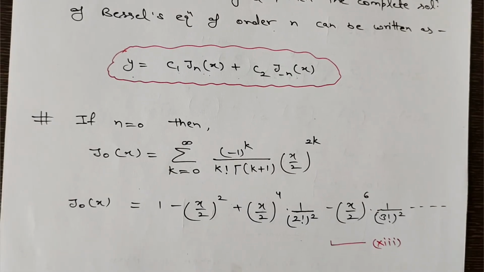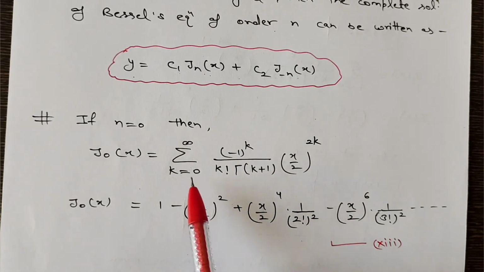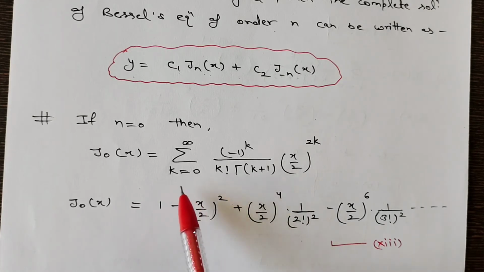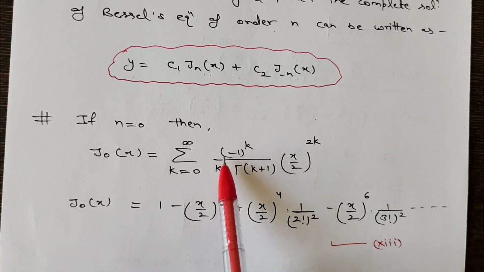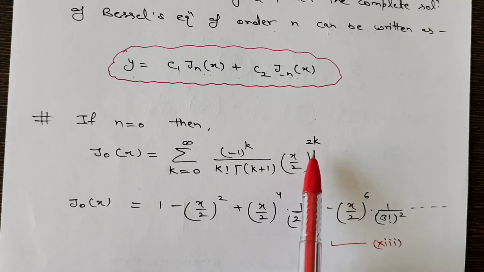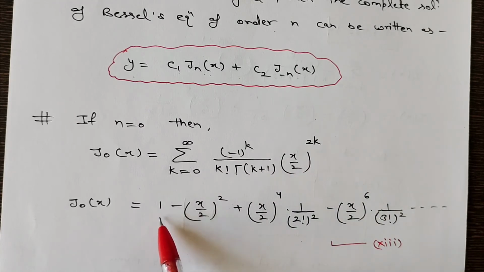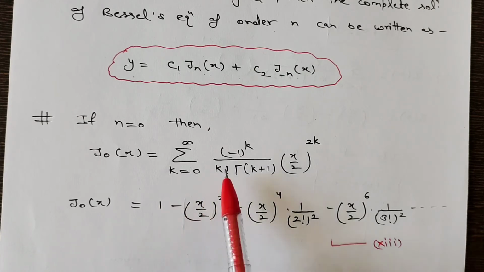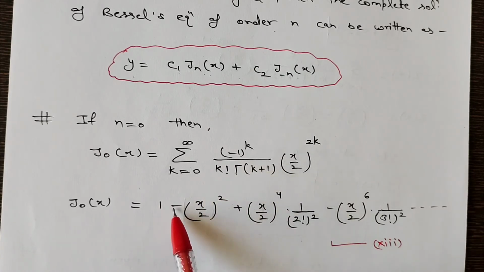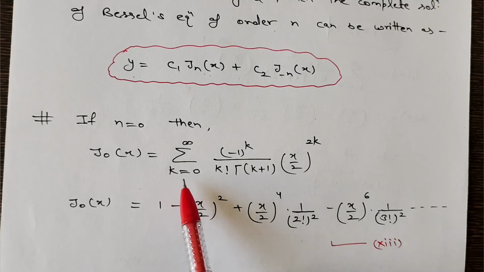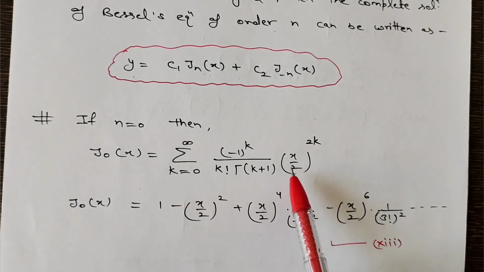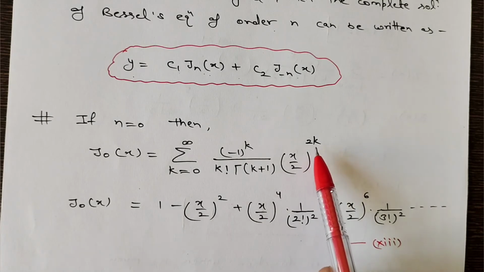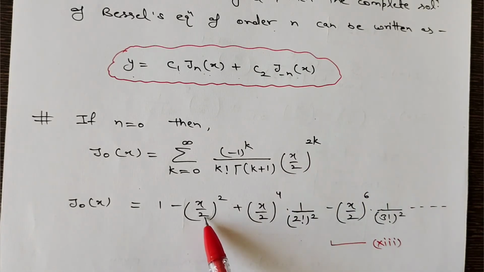Clear? Now this compact form, or summation, can be opened, and J naught of x equals the first term when k is 0. This term gives 1, and x by 2 raised to power 0 is also 1. Next, when k is 1, minus 1 raised to power k gives minus, and the term is x by 2 squared.